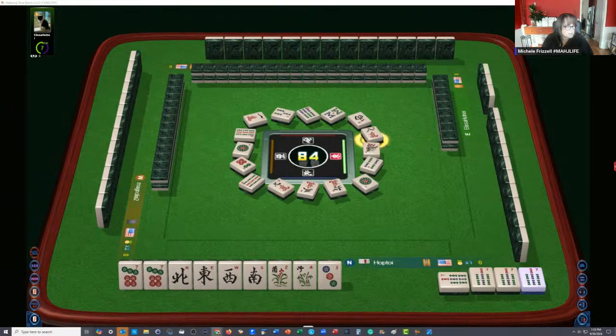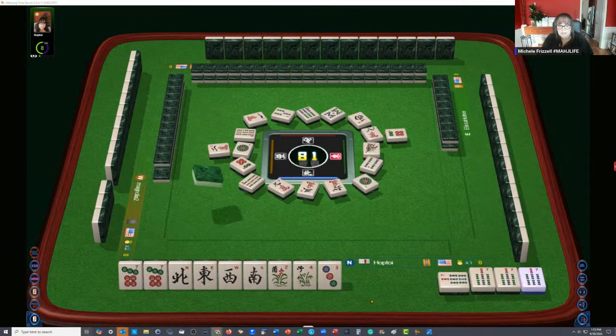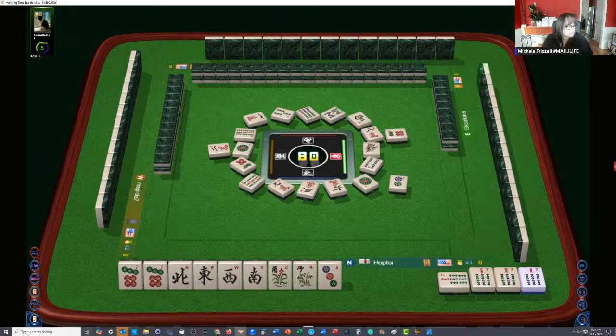Eight characters. Six dots. We need a keeper. How about a 7 bam? Two characters. All right. Two dots. Nine dots.